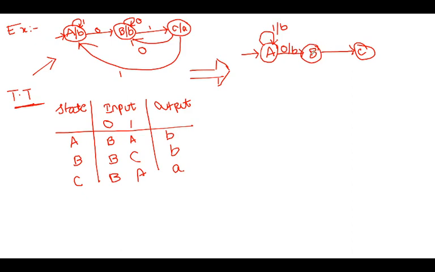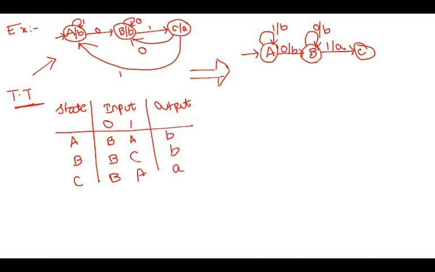Clear. Now B on taking 0 goes to B only, as in the Moore machine. On taking the input symbol 0, if it goes to B only, then it produces the output b, because B has small b as output. Now B on taking 1 goes to C. B is the source and C is the destination, so we write the destination's output, a, here.